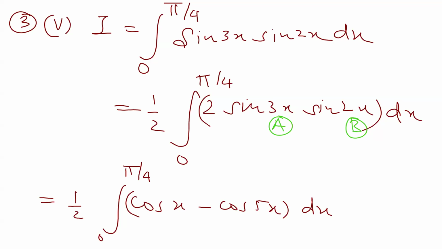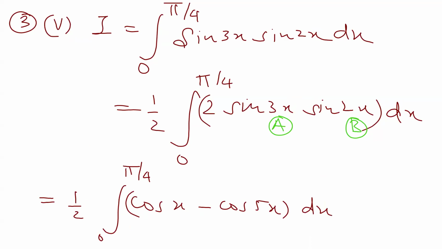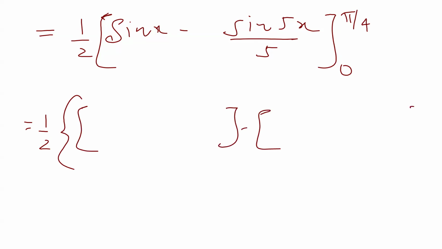Individual integration. Cos x will become sin x, and cos 5x is sin 5x upon 5. From 0 to pi by 4, half curly bracket, box minus box.